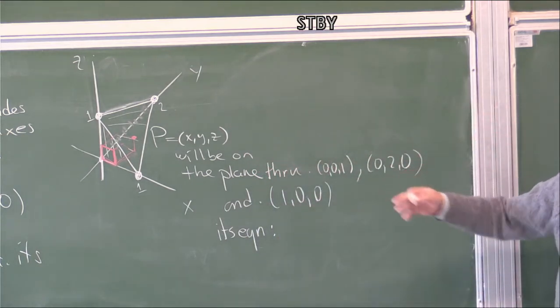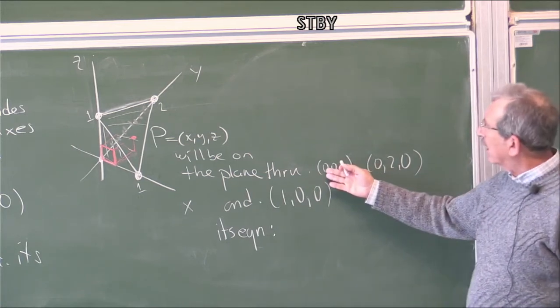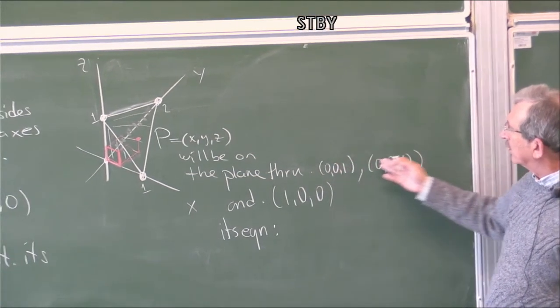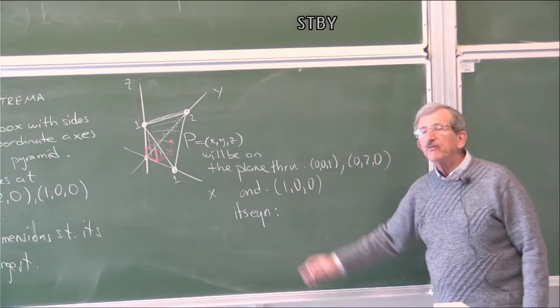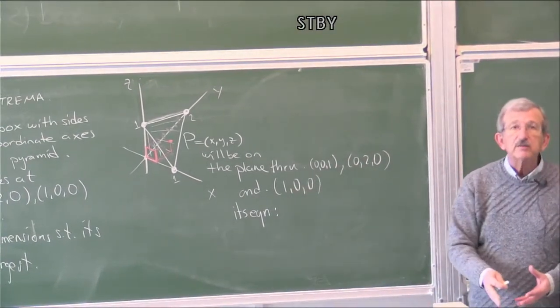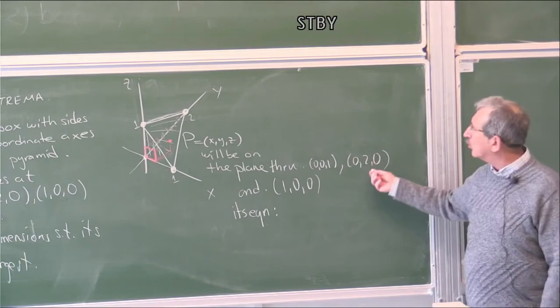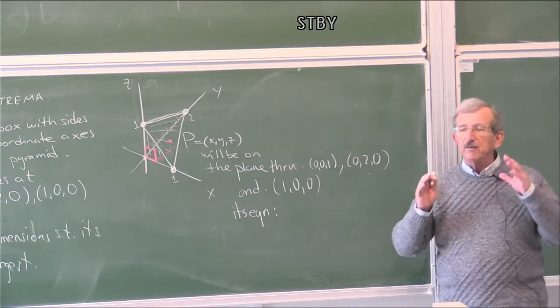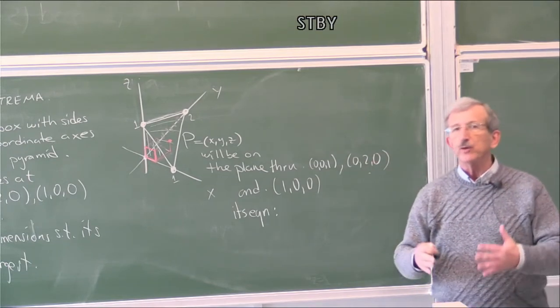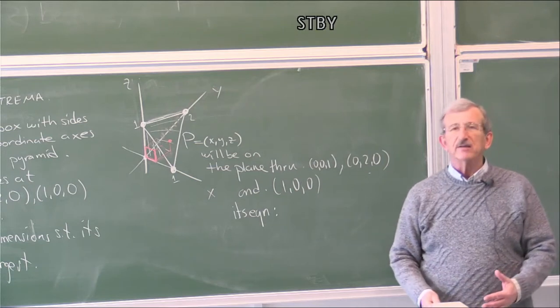You can, of course, find it by calculating P1P2 and then P1P3, taking the cross product for the normal, and putting in one of the points, as we did at the very beginning of our discussions with planes, but you can do it more practically now.